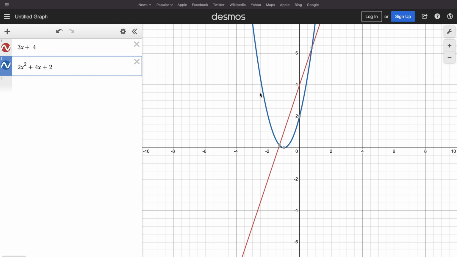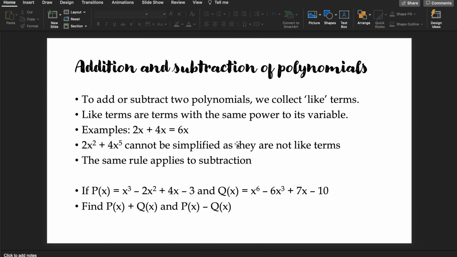Okay, so we know that it's an upward facing graph because the value of a is greater than 0. So the gradient keeps changing, as you can see, and there's always a turning point for a quadratic function. Okay, moving on.